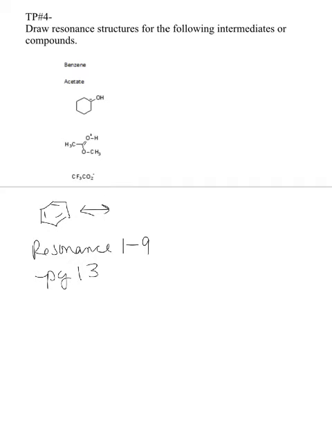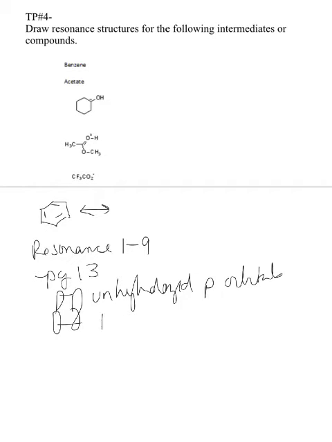Now this is just the movement of electrons. The electrons in unhybridized p orbitals, so they have to be unhybridized p orbitals. These are pi electrons.